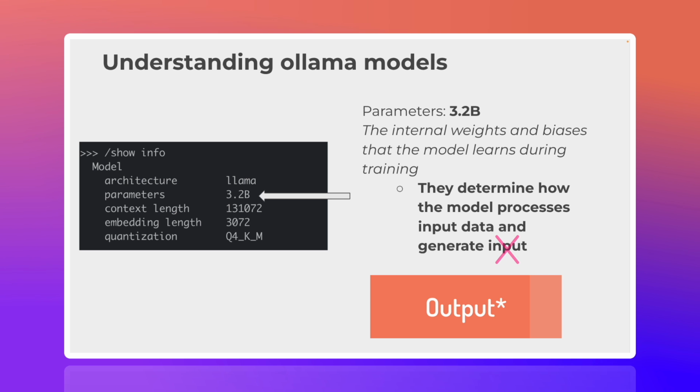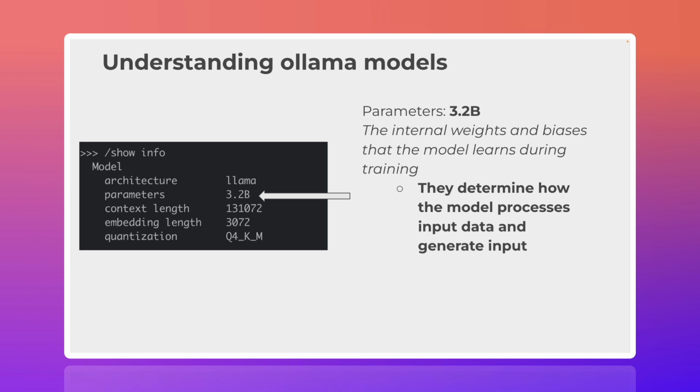Okay. Now, when we say 3.2b, for instance, what does that mean? Well, that stands for 3.2 billion parameters. Even if you don't understand exactly what that means, if you have 3.2 billion parameters, in this case these weights and biases, neurons and nodes and everything, you have a lot inside of this neural network, which means there's a lot of information that can be passed around, the relationships and so forth.